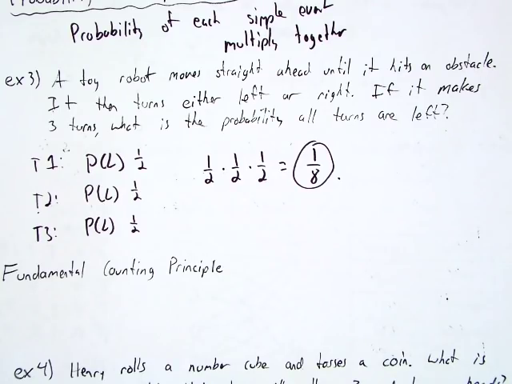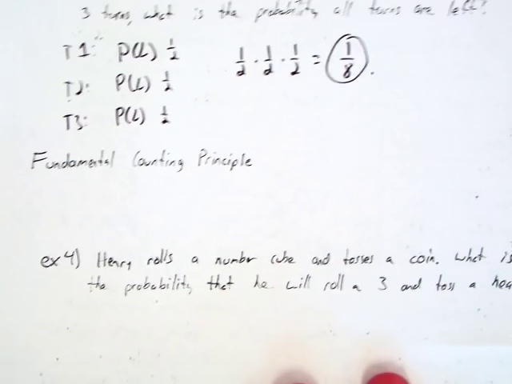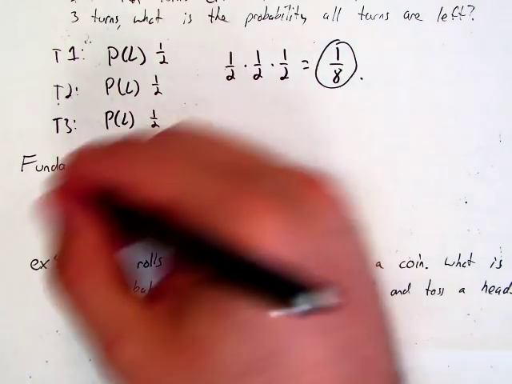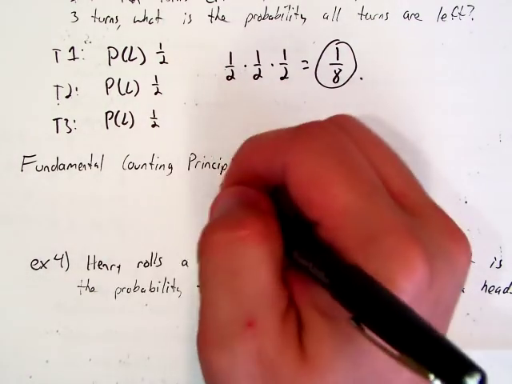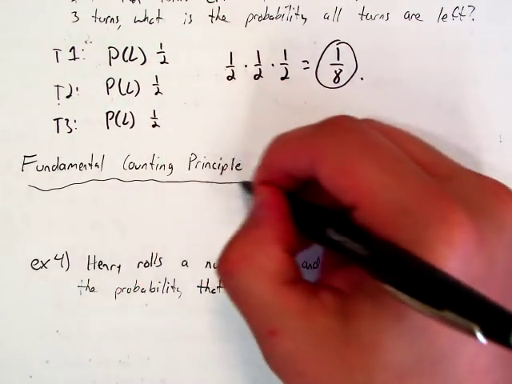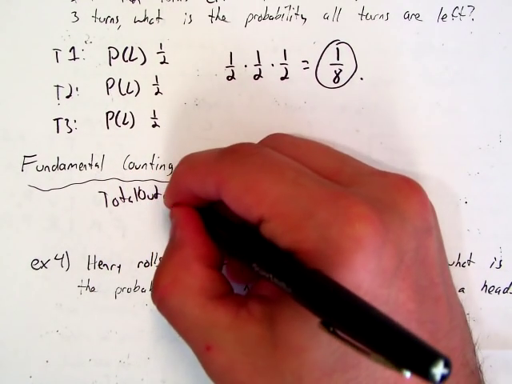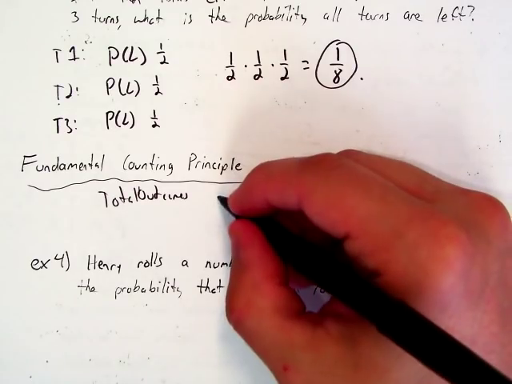Now, I mentioned that there's an easier way to determine the number of outcomes other than using a tree diagram. It's called the fundamental counting principle. The fundamental counting principle gives you how many outcomes there are. This tells you the total outcomes available.